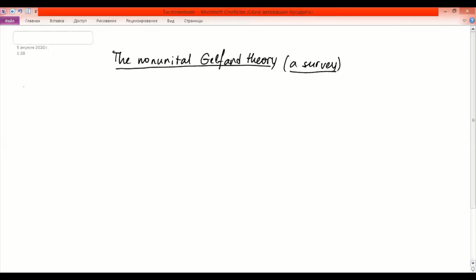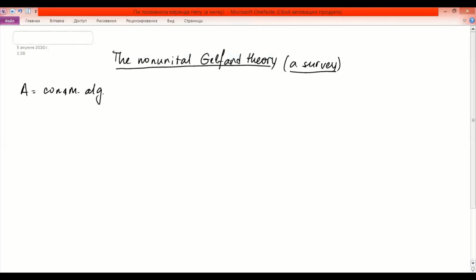So suppose that A is a commutative algebra, not necessarily unital. It turns out that in the non-unital case, the set of all maximal ideals is no longer relevant.